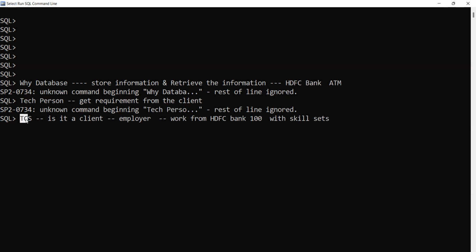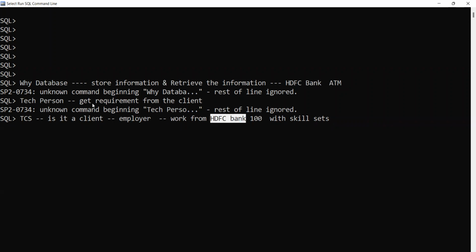So TCS will recruit 100 people. TCS will pay the salary, but the money for these 100 people and the profit for TCS will all be paid by HDFC Bank. So technical people work for the client, that is HDFC Bank.